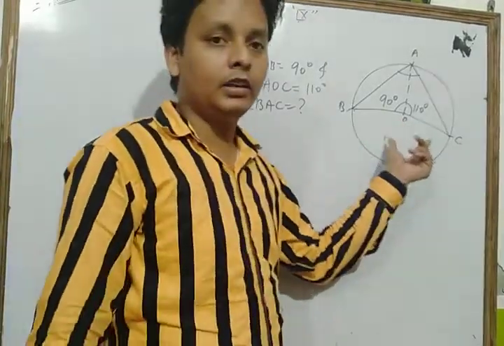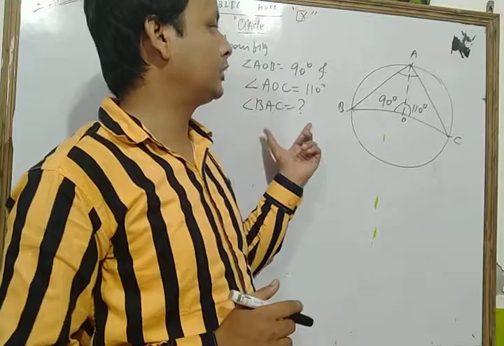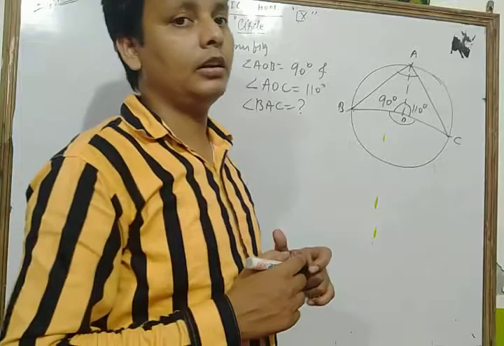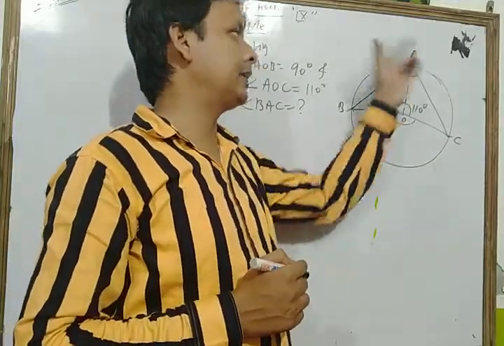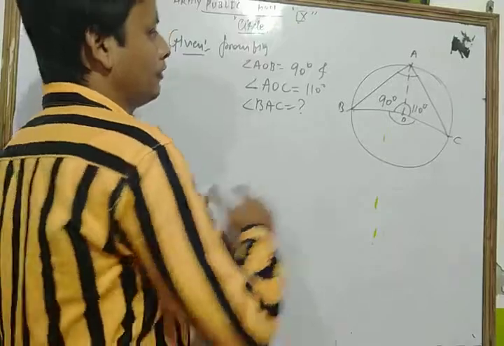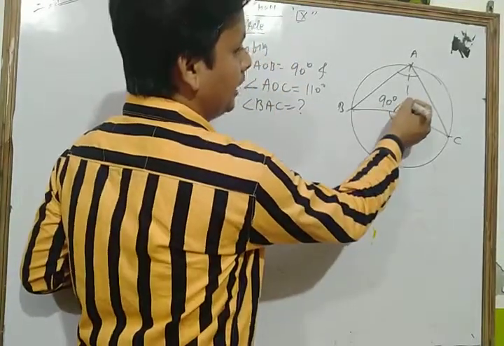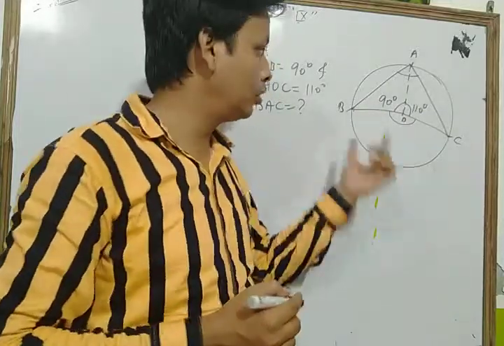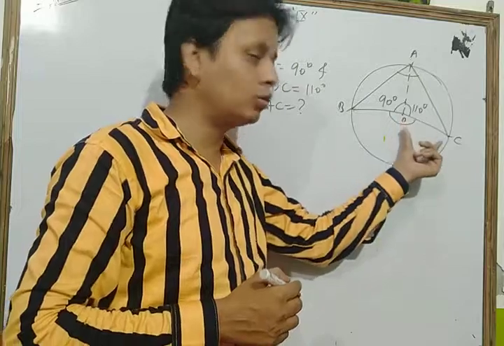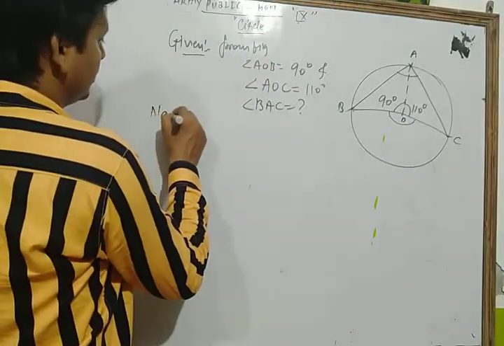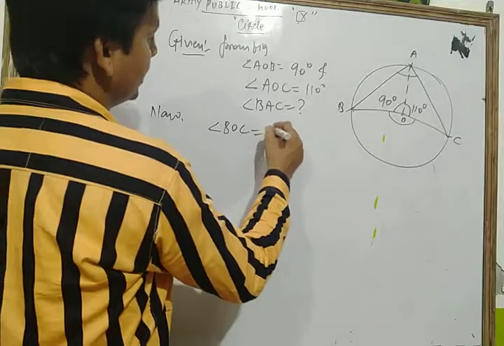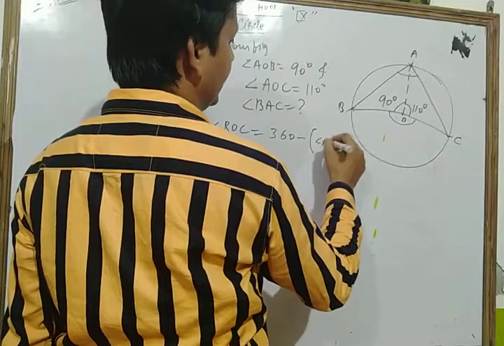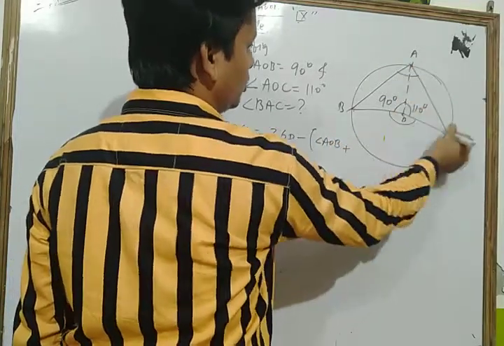Dear students, we know the theorem that the angle subtended by an arc at the center is double the angle subtended by it at any remaining part of the circle. So dear students, first of all we find angle BOC. Let's see the figure. We know that the angle around a point is 360. So first of all we find angle BOC. Angle BOC is 360 minus angle AOB plus angle AOC.